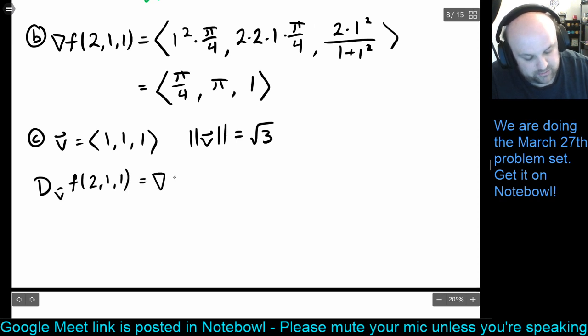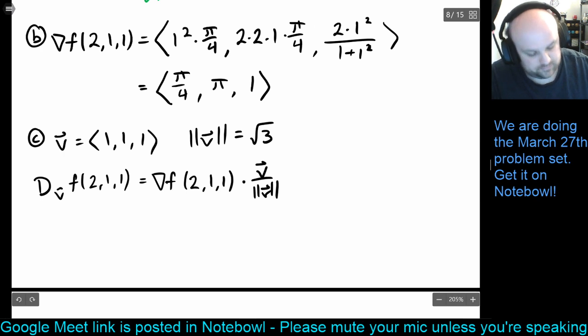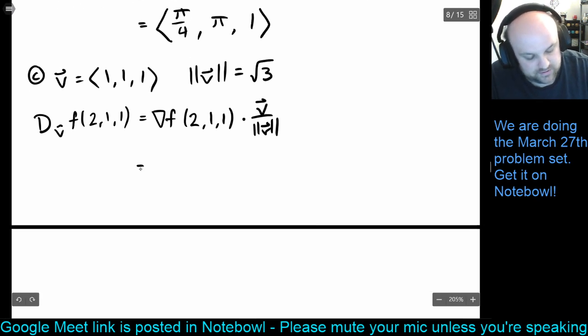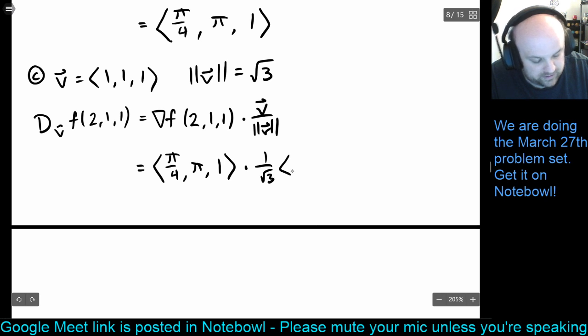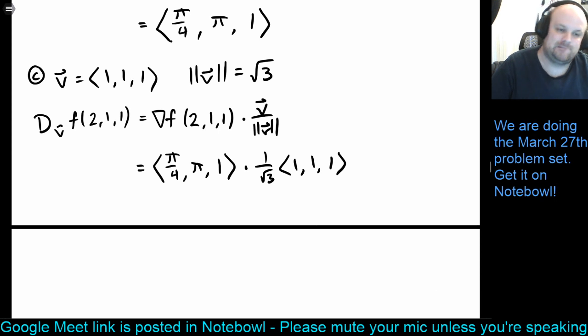This is going to be gradient of f at 2, 1, 1, dot product with v over magnitude of v. So this is pi over 4, pi, 1, dot product 1 over root 3, 1, 1, 1. Okay.